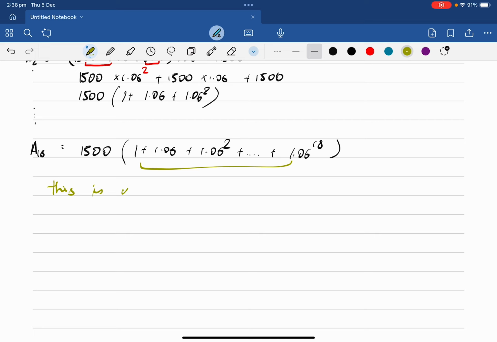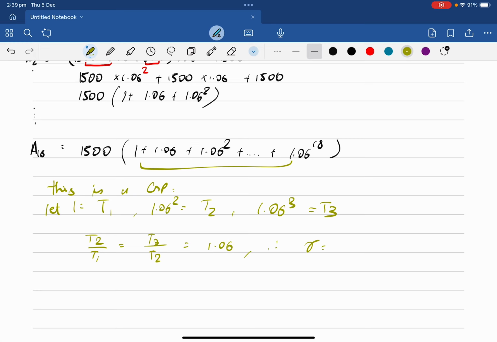To prove it, let 1 equal T1, 1.06 squared equal T2, and 1.06 cubed equal T3. T2 over T1 is equal to T3 over T2, which is equal to 1.06.